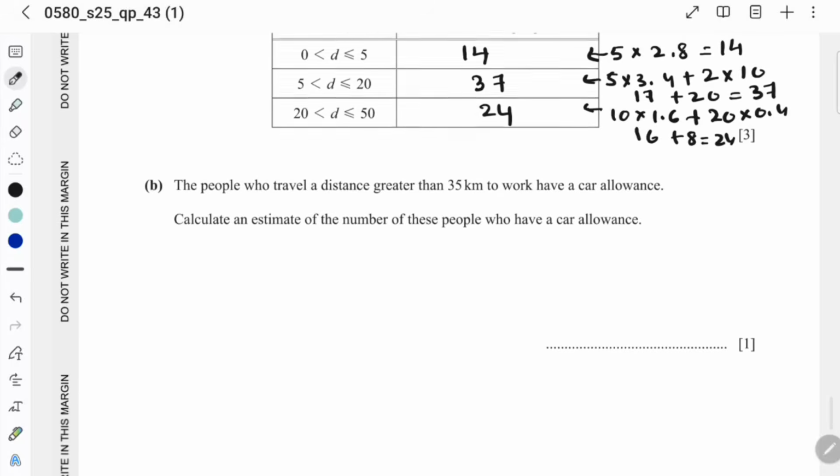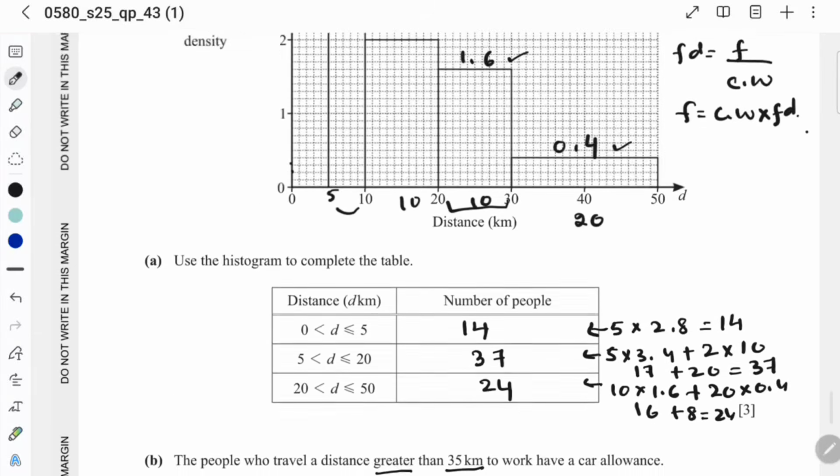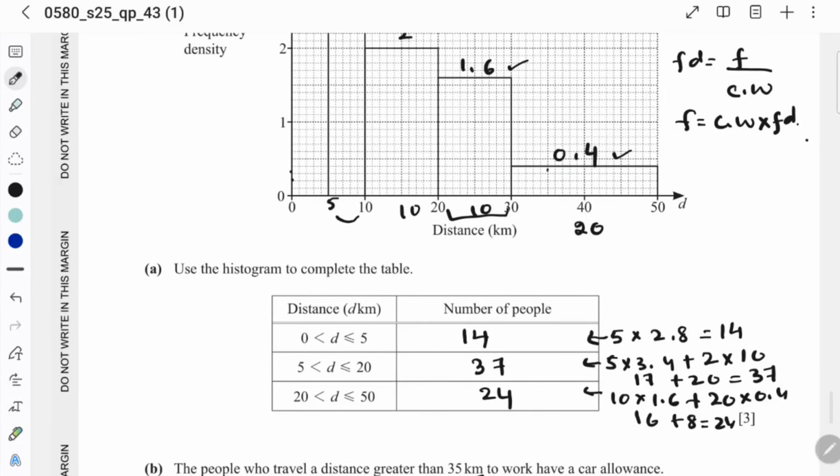The people who travel a distance of more than 35 kilometers have a car allowance. Calculate an estimate of the number of these people. So more than 35, so this is your 35. In 35 to 50, it's more than 35, so you have a class width of 15.